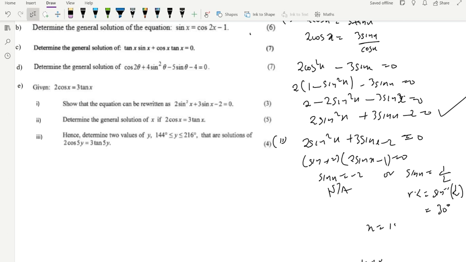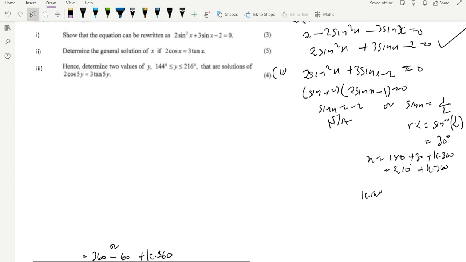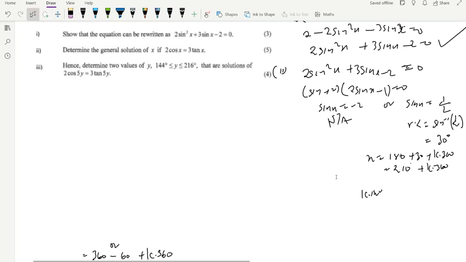Then your x will be 180 plus 30 plus k 360, which is 210 plus k 360. And also x equal to 360 minus 30 plus k 360, which is 330 plus k 360.